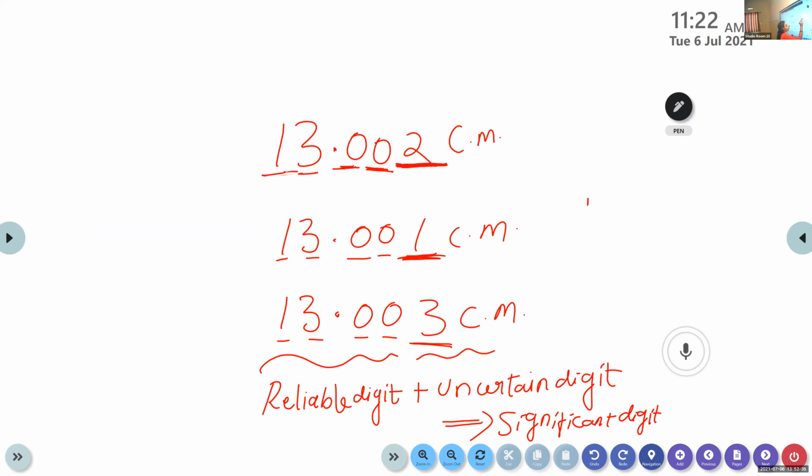So here we have 4 reliable digits plus 1 uncertain digit, that is equal to 5. So how many significant figures are there in the first measurement? It is equal to 5.